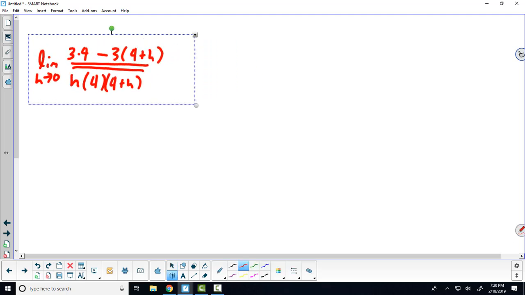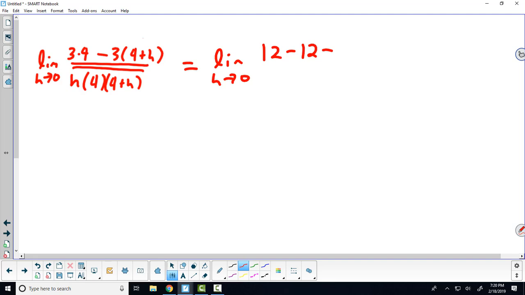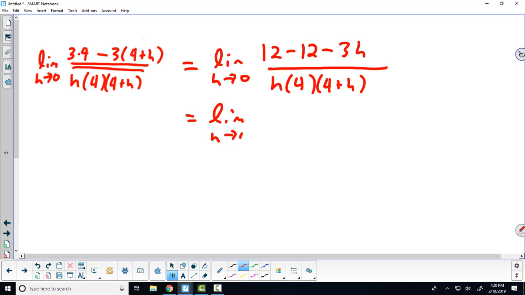Okay, let's keep working with that. So I'm left with the limit as h approaches 0 of 12 minus h, minus 3h, all over h times 4 plus h, which leaves me with the limit as h approaches 0 of minus 3h over h times 4 plus h.